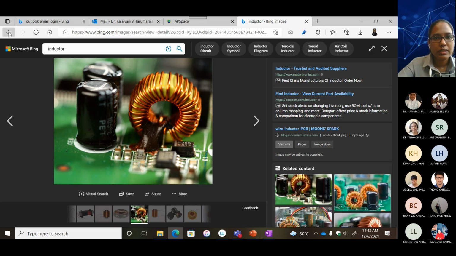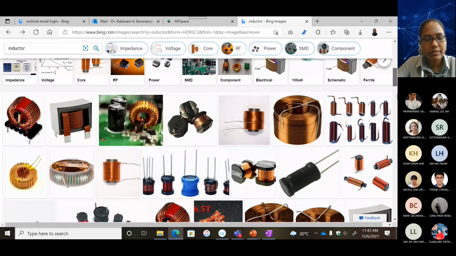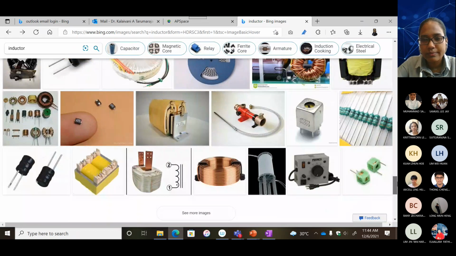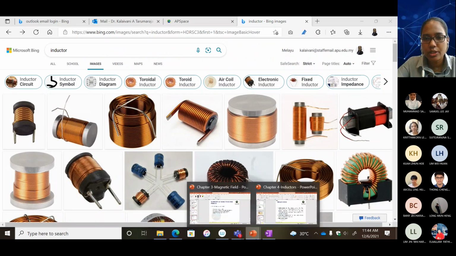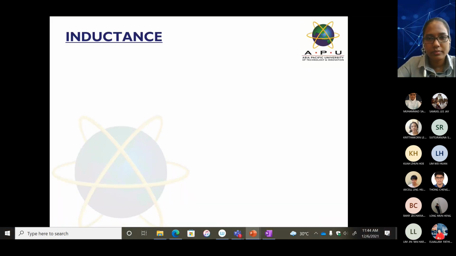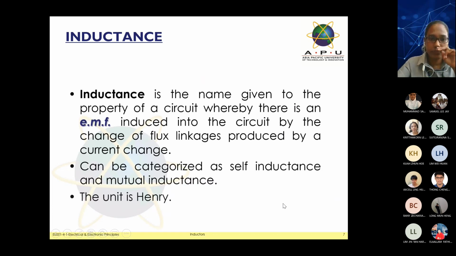That's the one I want to show all of you. Let's see whether I can find other types of inductors here. Okay, that's the one. Just go back to your slides here. The unit we call the Henry here.